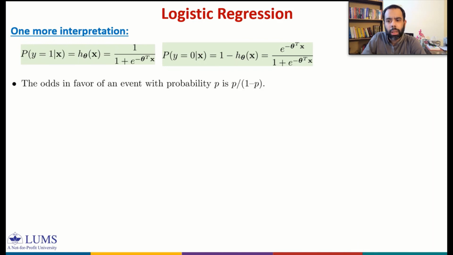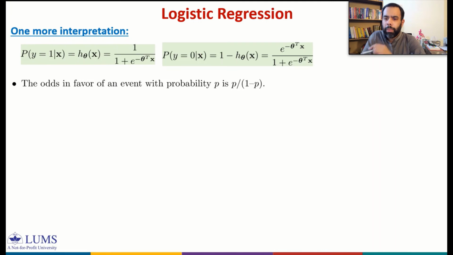The odds in favor of an event with probability p is p over 1 minus p, right? In probability measure, the probability is between 0 and 1, but the odds would be between 0 and infinity. When probability is 0, odds is 0. When probability is 1, odds would be infinity.